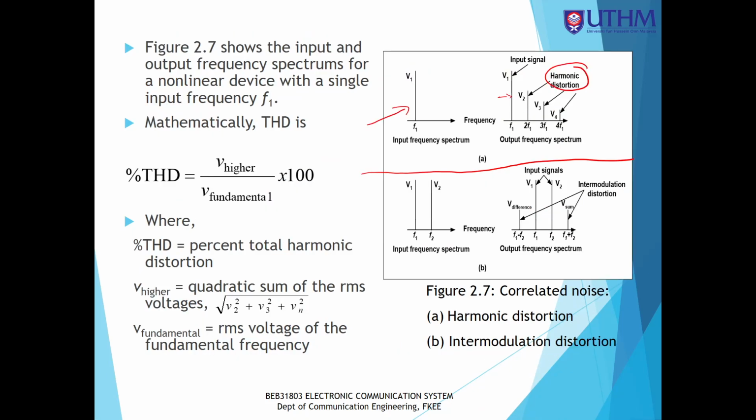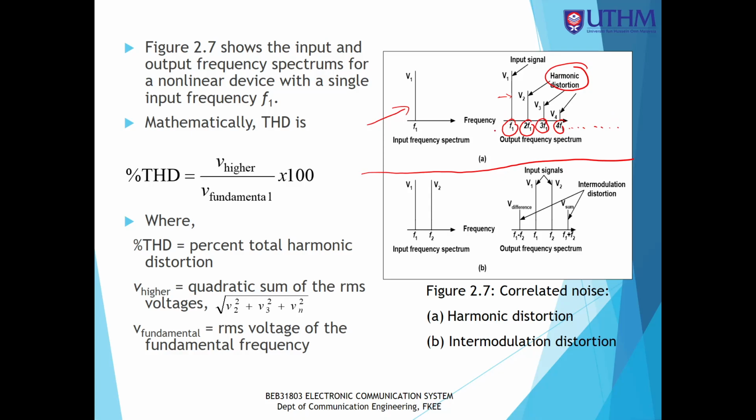Sorry, in your notes it is called the second order. So second order is this one. This is the fundamental, the original frequency. Second order is the first harmonic after the fundamental. So this is the second order harmonic, then third order, fourth order, and many others.